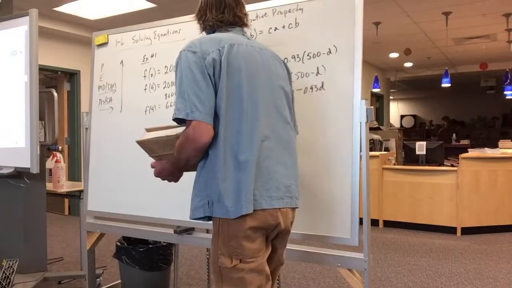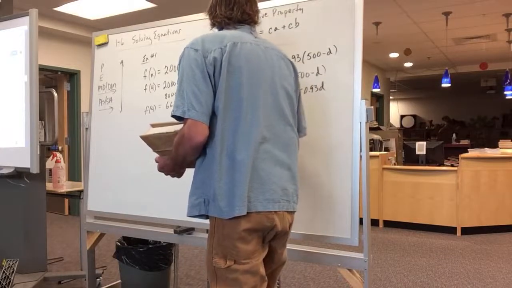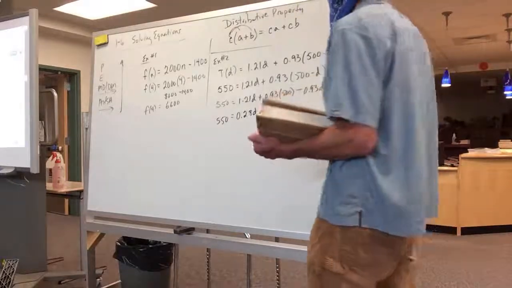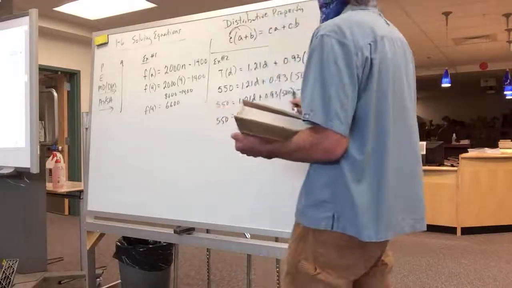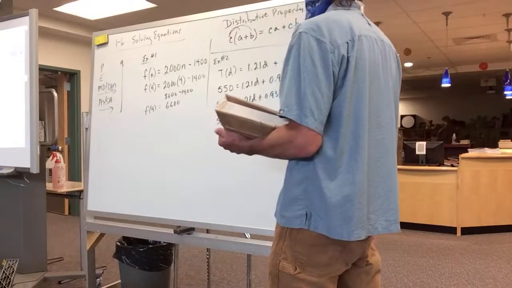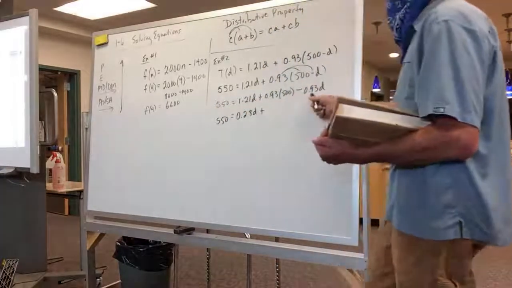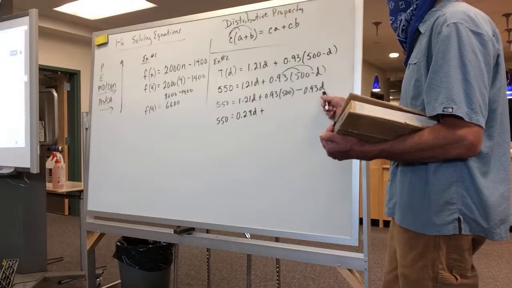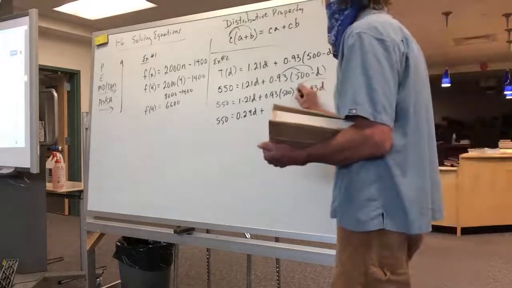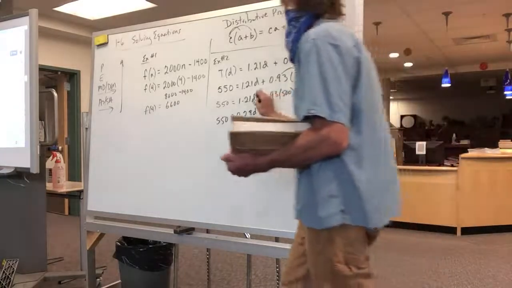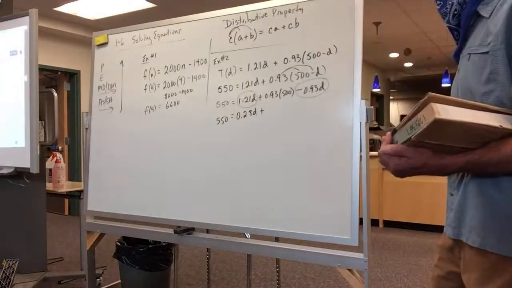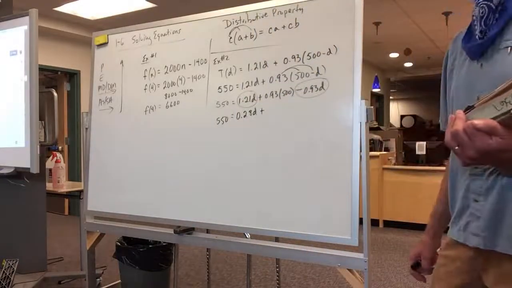So this is going to be 28 hundredths D. And then 0.93 times 500. Well, when you distribute here, this becomes a negative 0.93D. So this value here, that's a negative. This is a positive. So when you put those together, you only end up with 0.28 times D.